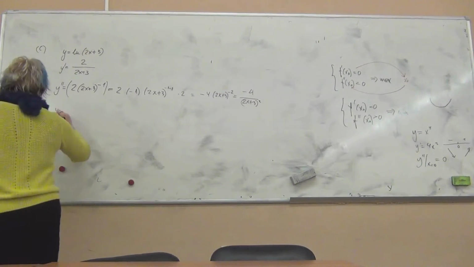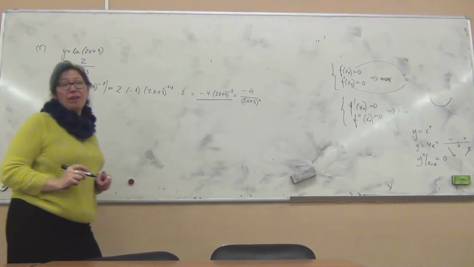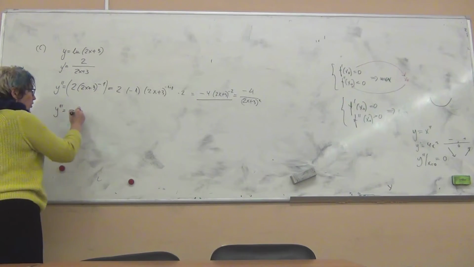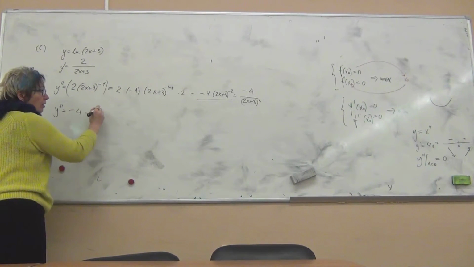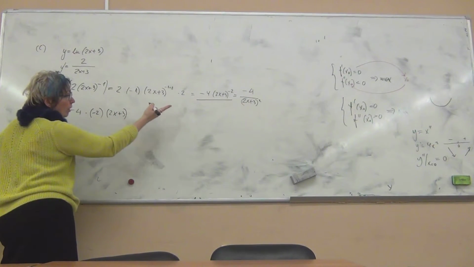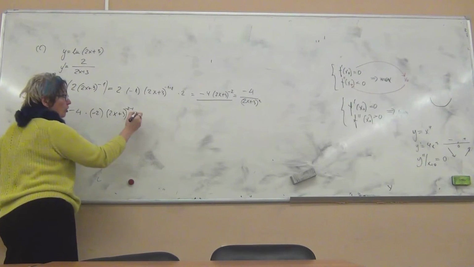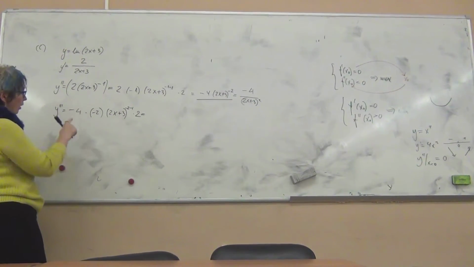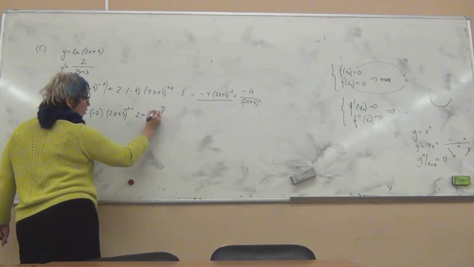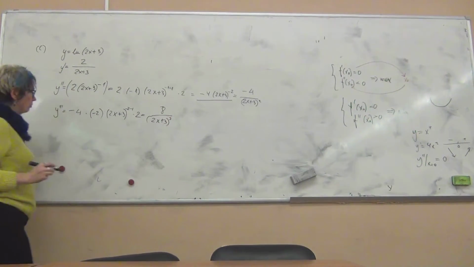So let's use this to find the third derivative. It would be minus 4 times minus 2 times 2x plus 3 to the power minus 2 minus 1, times, again, the derivative of the inner function, which is 2. Now we have minus times minus, now it's positive, 8 over 2x plus 3 cubed.